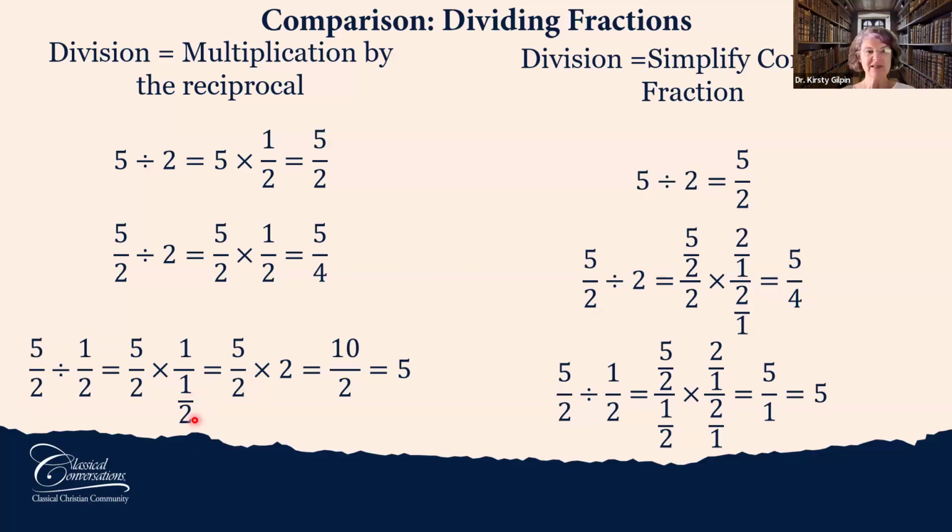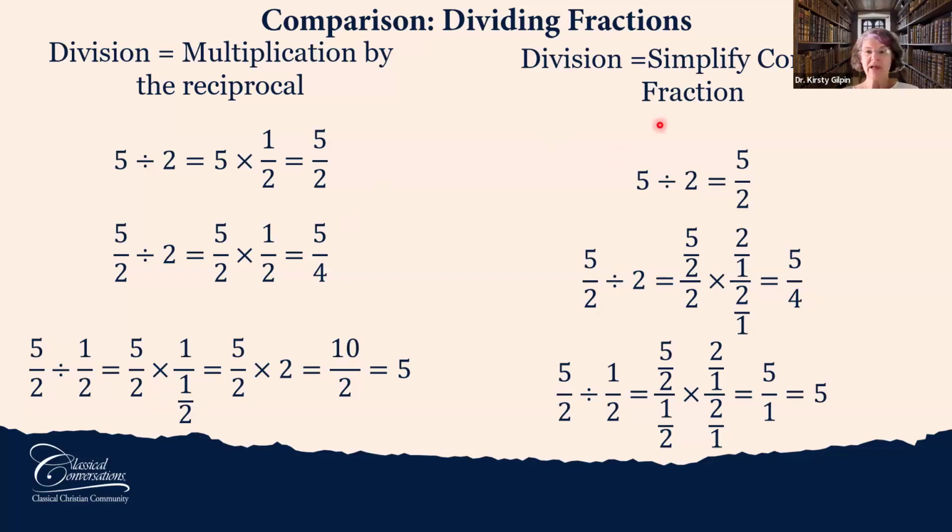But technically this is the correct rule for reciprocals. So 5/2 times 2, I could either simplify or simplify at the end, but just following our process through, we have 10/2, which is 5. So that is rewriting our division as multiplication by the reciprocal.